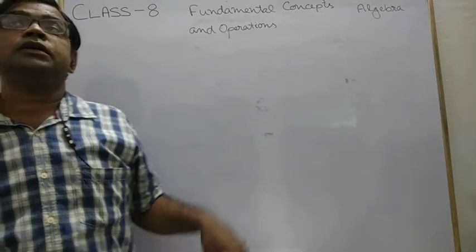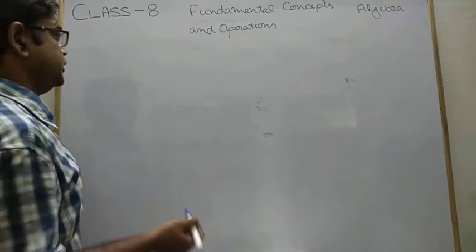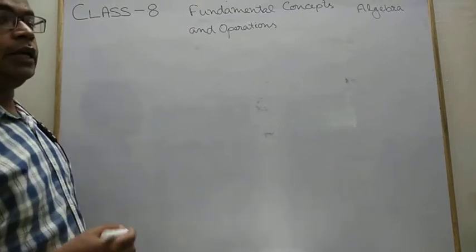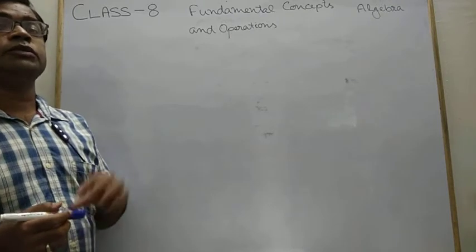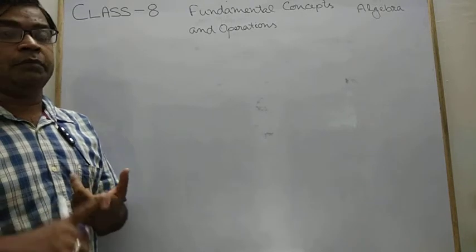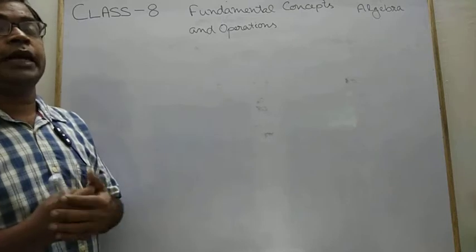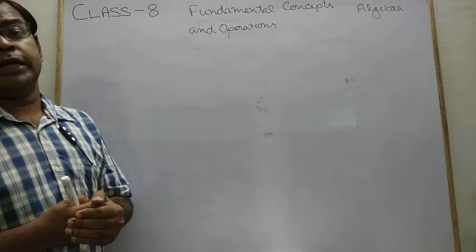Now, what is an algebraic expression? Many of you are confused about algebraic expressions. So always remember that by using fundamental operations like plus, minus, divide and multiply, what we write as a statement is known as your expression.